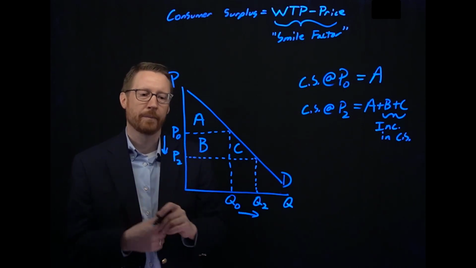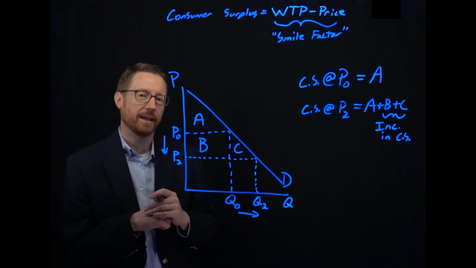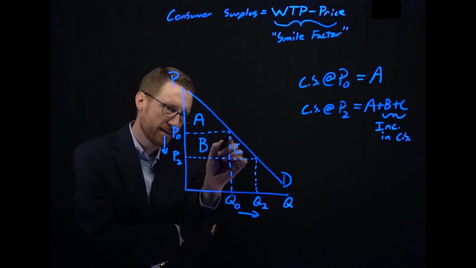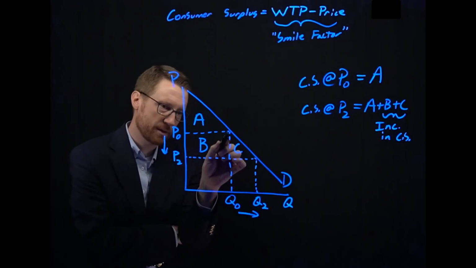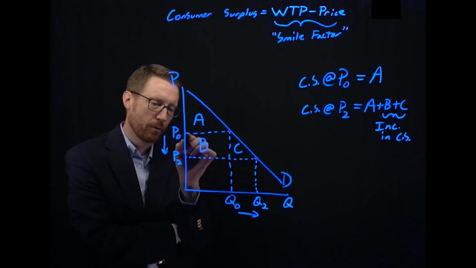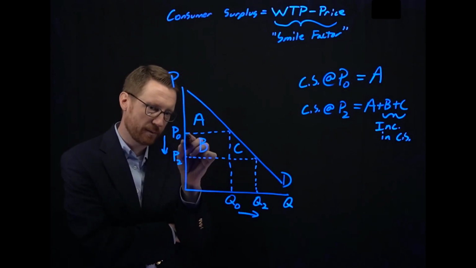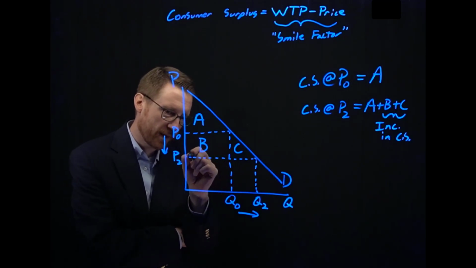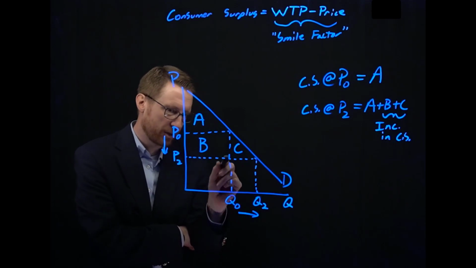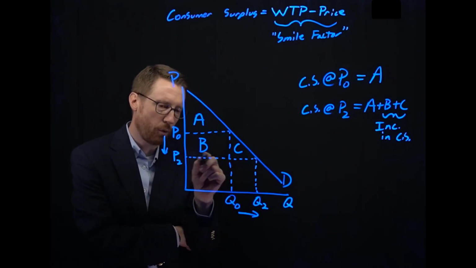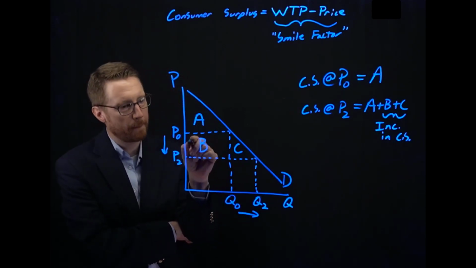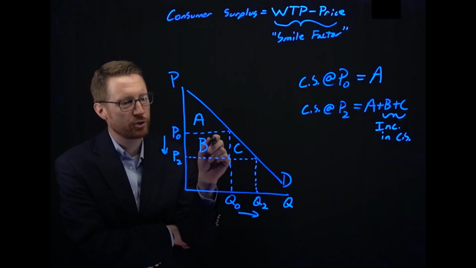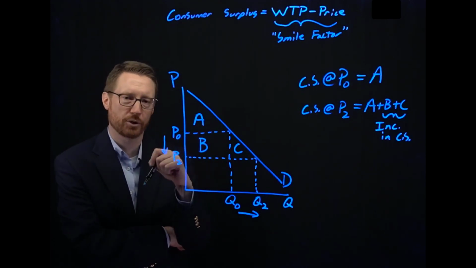Why? All right, so what is area B? Let's think about it. Area B is this rectangle. Well, it's the decrease in price for the height. And what's the width of it? It's over the Q naught, the original quantity. So area B is the gains in consumer surplus to the original purchasers.